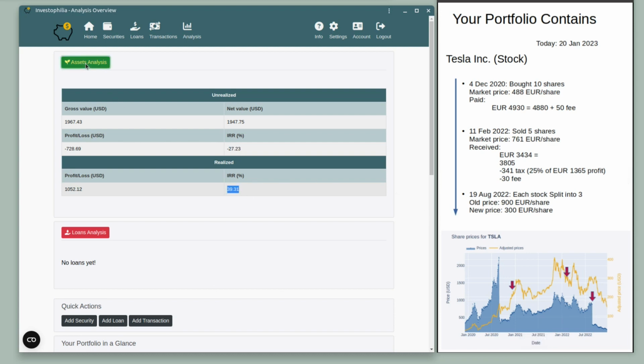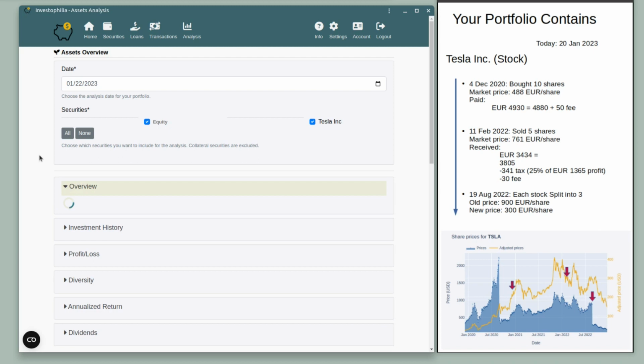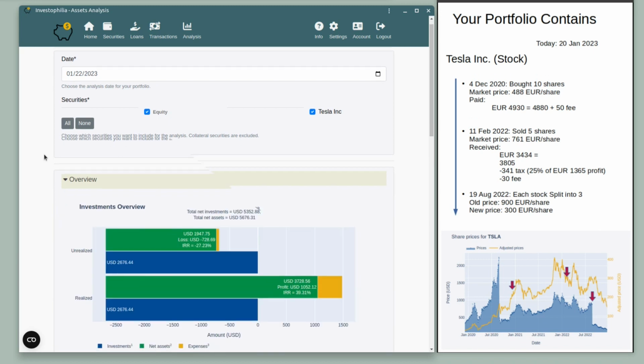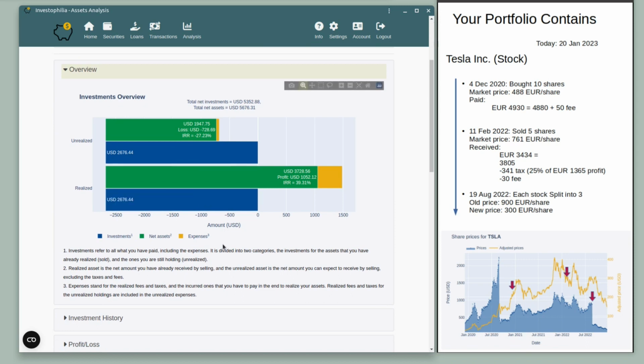So let's drill down and see what we find there. I just select the only security that I have here, and I click on the overview. And here we see, as we expected, for the part that we sold, we gained 40%. And for the part that we still have, it seems that we have lost around minus 30%.